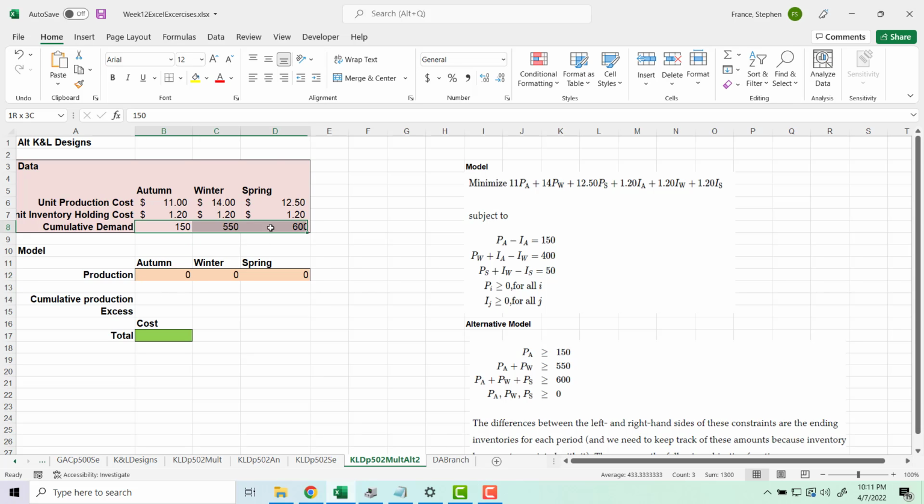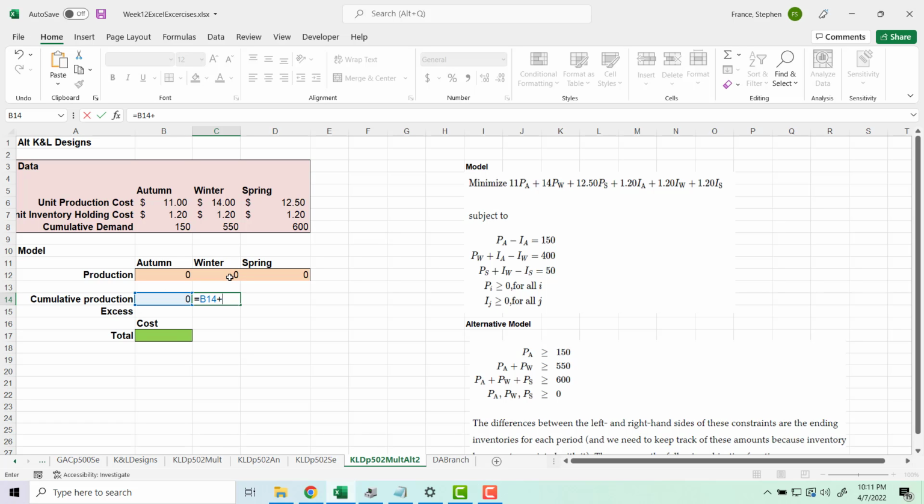So if we're going to match against the cumulative production, then obviously we're going to have to create a cumulative production constraint. So cumulative production in autumn is going to be B12. Cumulative production in winter is going to be the previous production plus the production in winter.